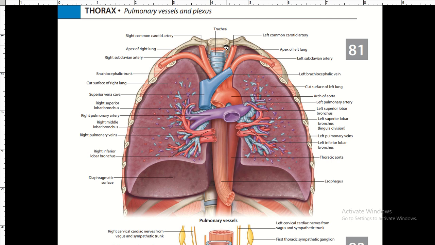So the first one is going to be at the opening of the esophagus, as it continues from the pharynx, right here. The second one is going to be made by the left main bronchus. As the left main bronchus crosses the esophagus anteriorly, it's in close relation to the esophagus, forming the second constriction right here.